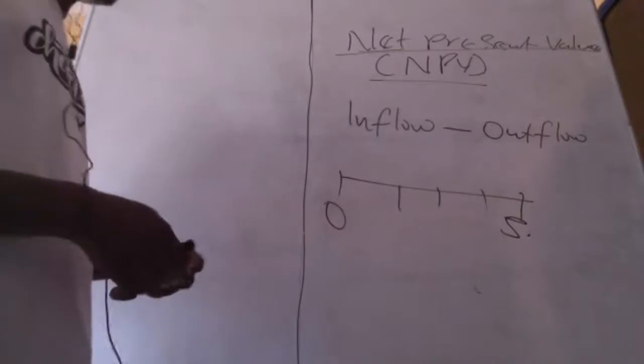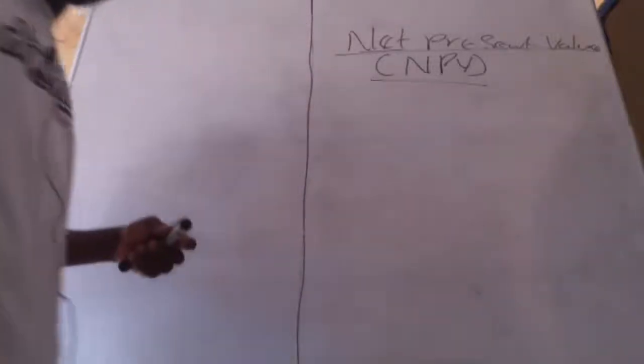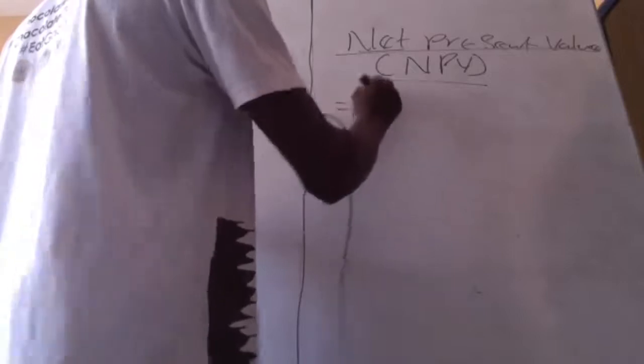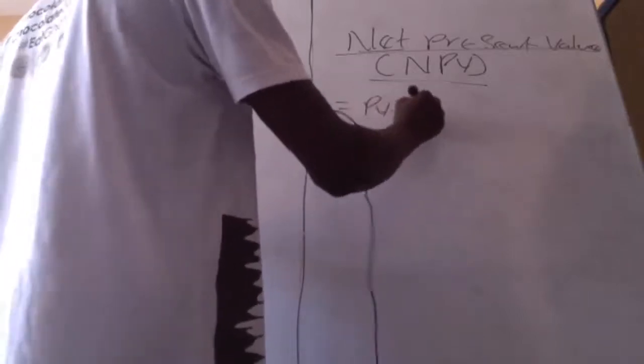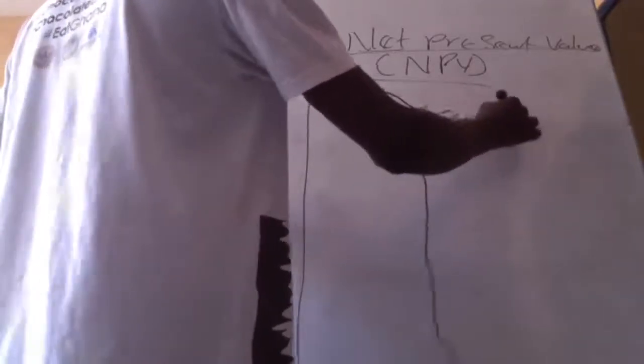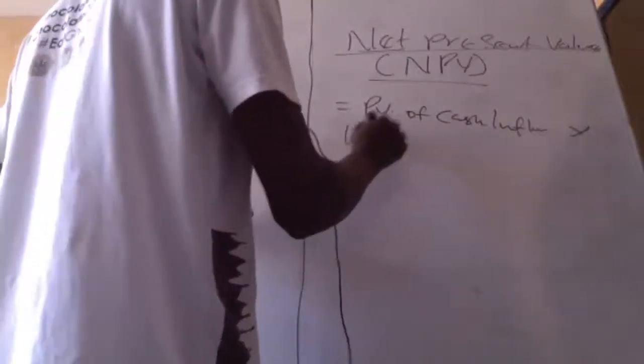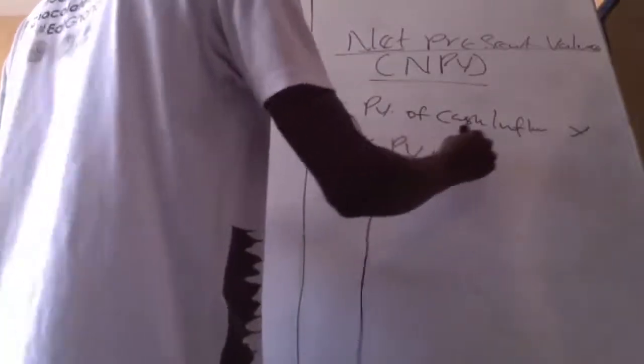So that is it. Then the basic formula for NPV is what? NPV is equal to the PV of cash inflow less what? Less the PV of what?